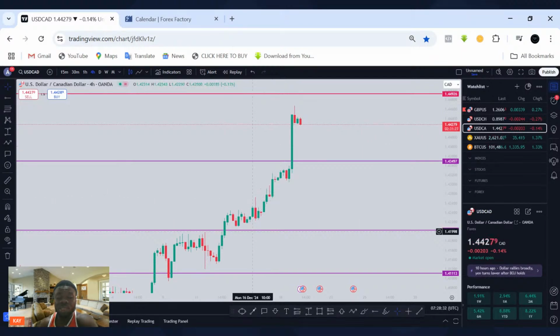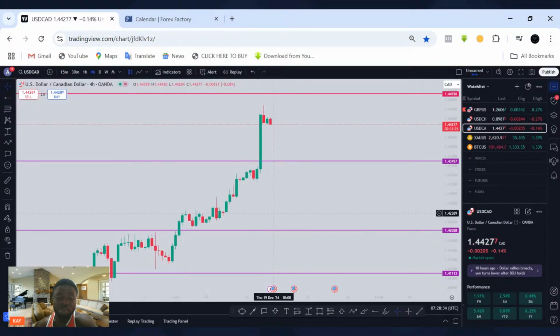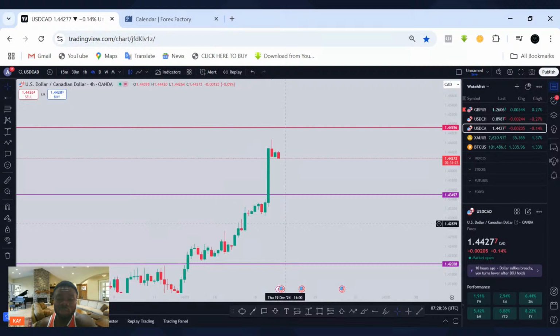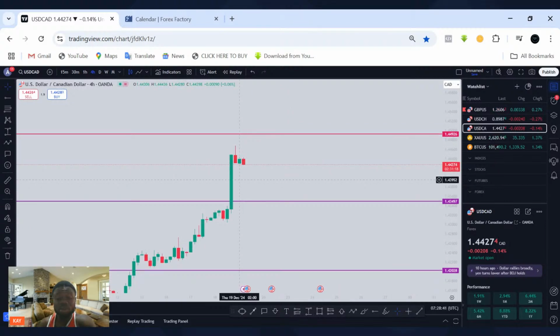These are the things you would normally have to implement in your trading plan. You need to make sure you are trading in clean areas where there's no support or resistance or rejectional levels. So I'm expecting price to come smoothly to this level and move up is very high.